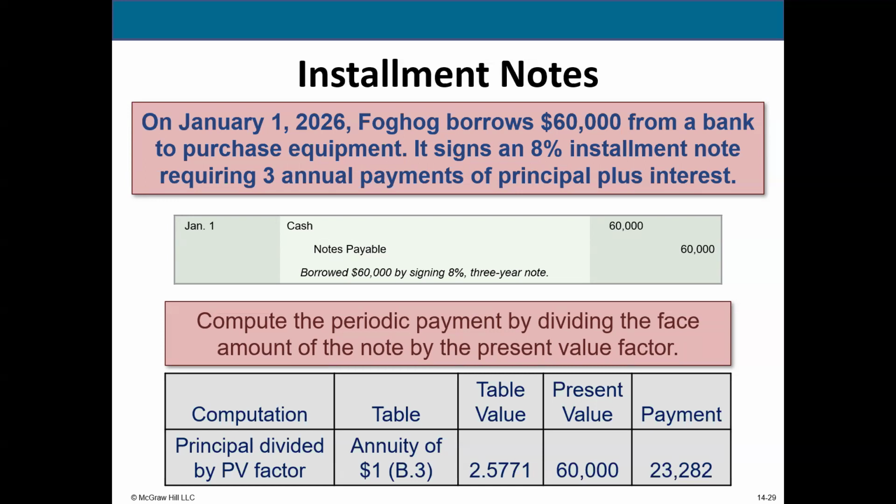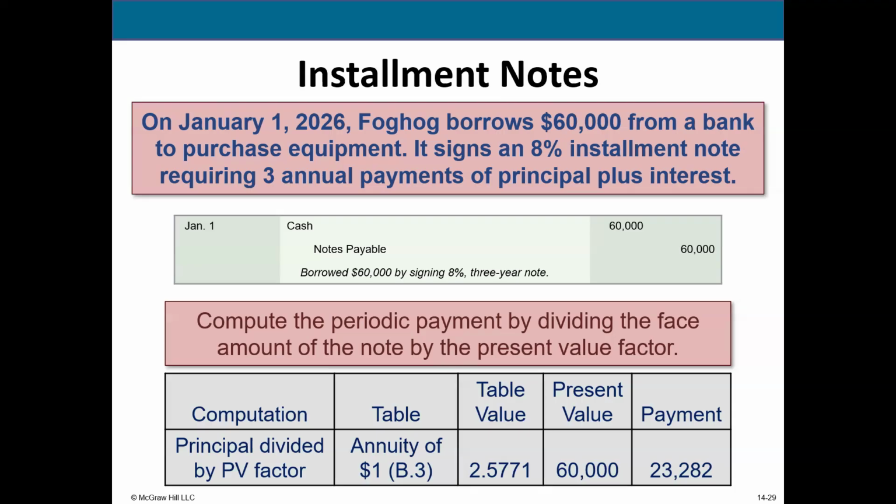So here we have an example where a company has borrowed $60,000 from a bank to purchase equipment. The company signed a loan document for $60,000 face value, an 8% installment note requiring 3 annual payments.